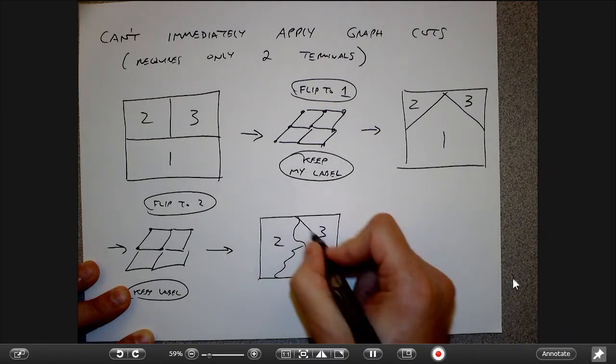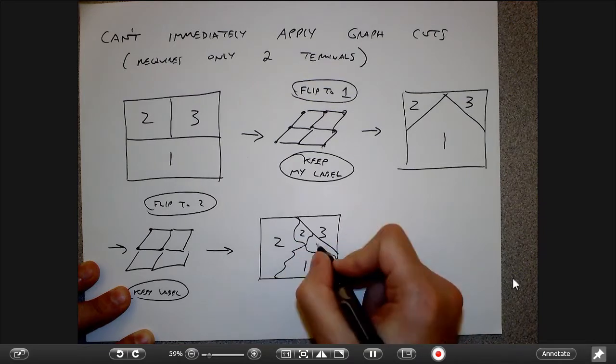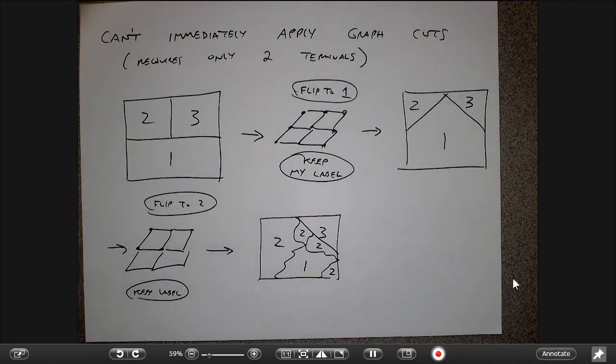I guess I can't really do it like this, so maybe I still have to have something like this. So again, the only thing that can happen is that 2 grows, right? And so the idea is I keep on iterating this process with each of the labels in sequence, and I keep on doing that until I don't make any more flips, right?